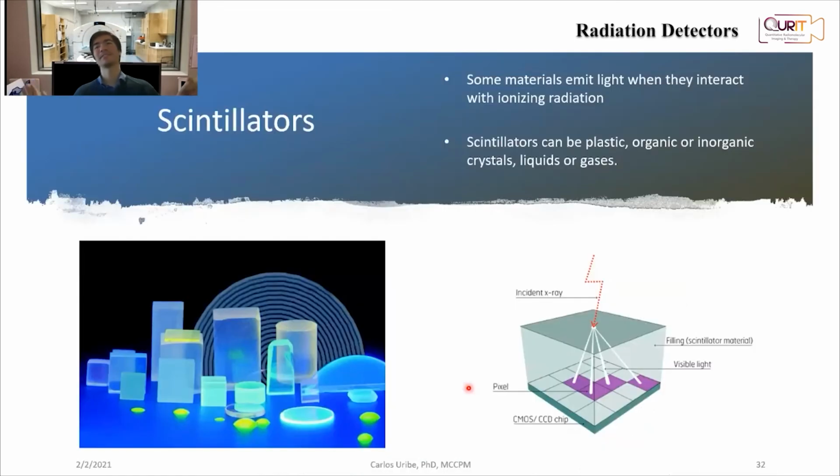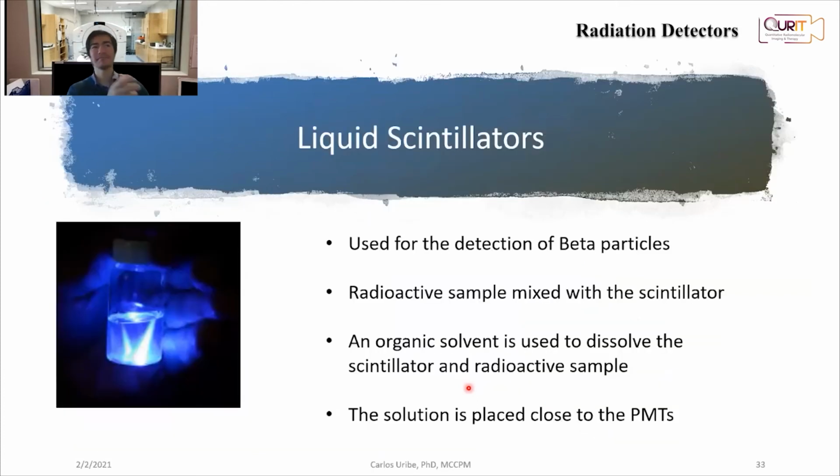But just as a quick introduction, these are detectors that, when they interact with radiation, emit some light. Scintillators can be plastic, organic or inorganic crystals, liquids, or gases. Liquid scintillators, for example what I'm showing here on the left, are typically used for beta particle detection.